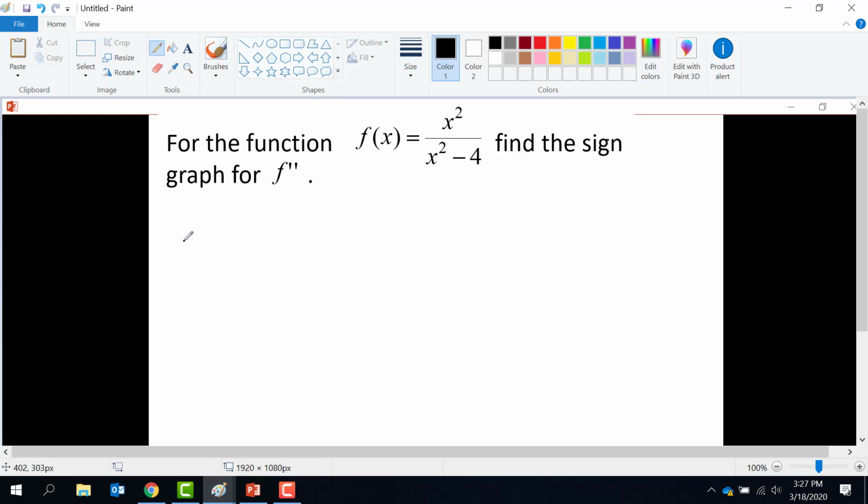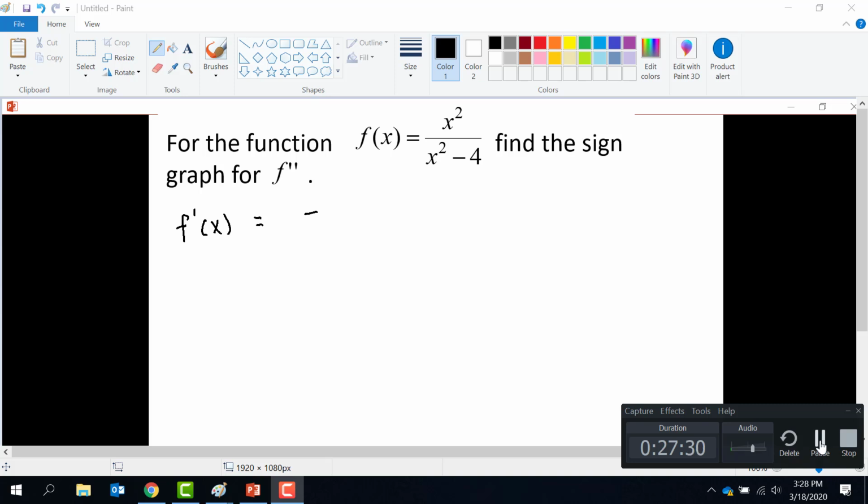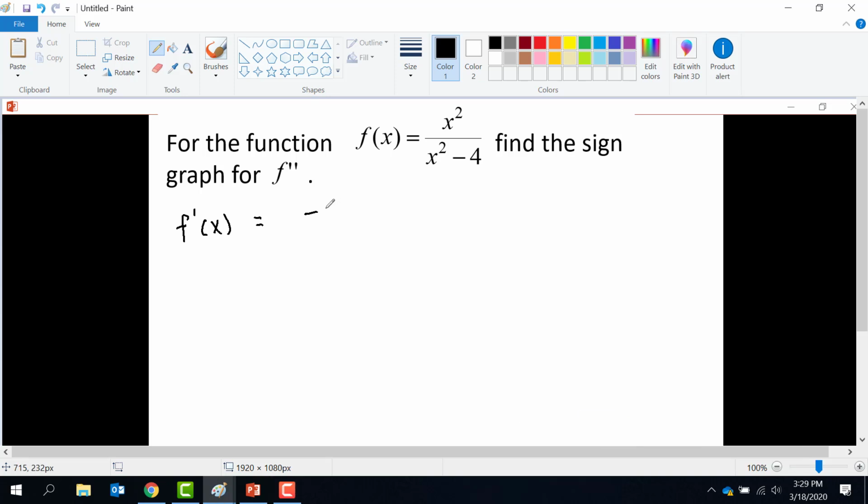Our first derivative was negative 8x over x squared minus 4 squared.